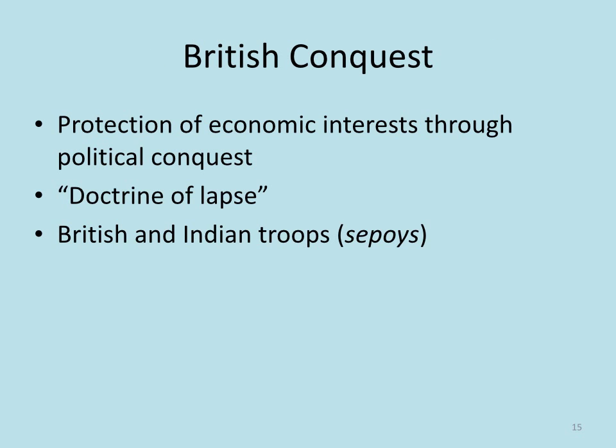Now, the British conquest is going to start occurring. The British are going to try to ensure that their crown jewel, India, is going to be well protected. So they start conquering other territories around India, just to ensure that their prized possession is well protected. And they're going to start doing this by political conquest, the doctrine of lapse.